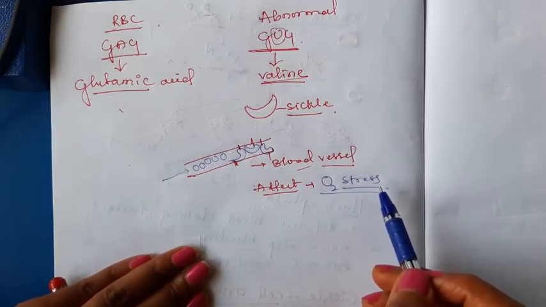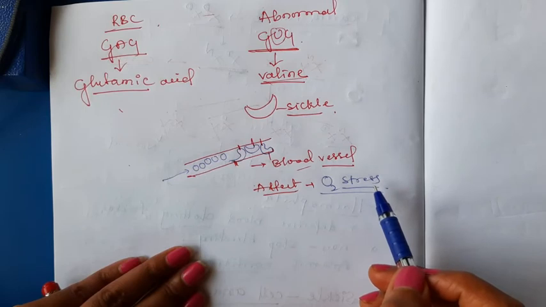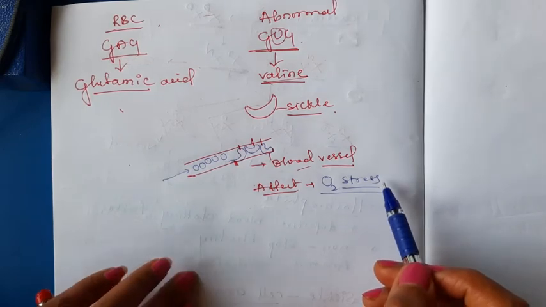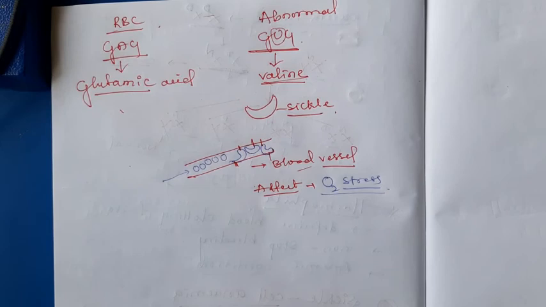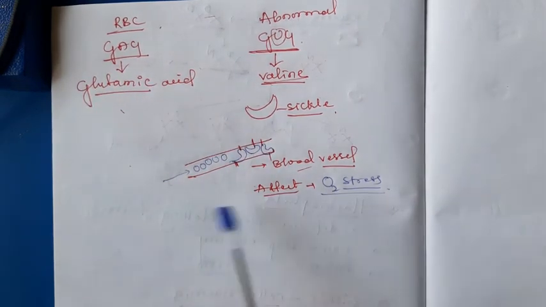These are the two diseases which are given in your NCERT book. First, hemophilia, known as a royal disease, is a sex linked recessive disorder. Then sickle cell anemia is an autosomal recessive disorder.